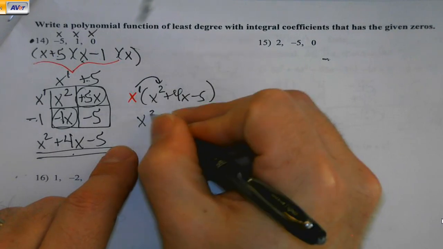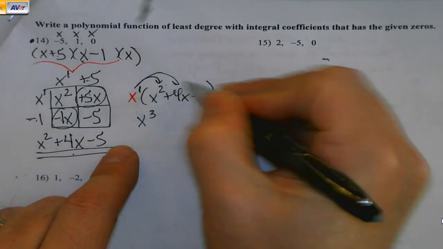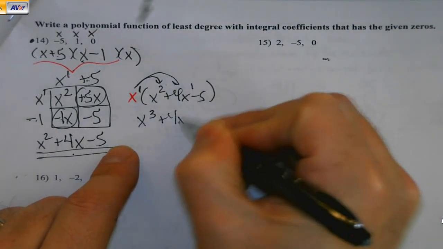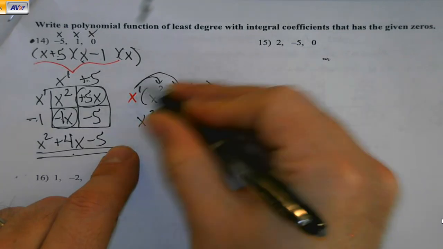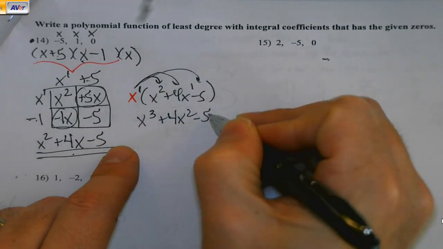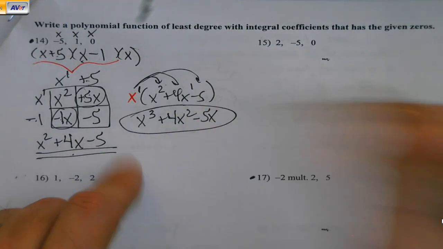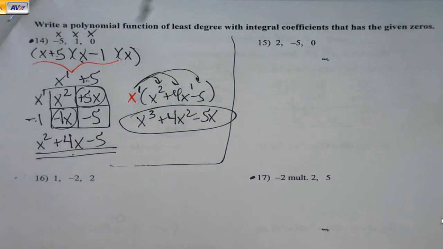And I'm back doing my multiplying. I'm adding my exponents. And there's my polynomial, excuse me. That would be a trinomial. And we get that set.